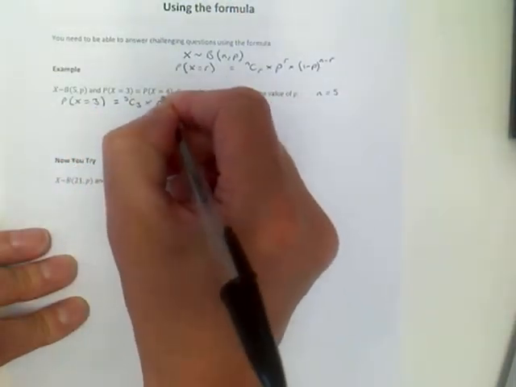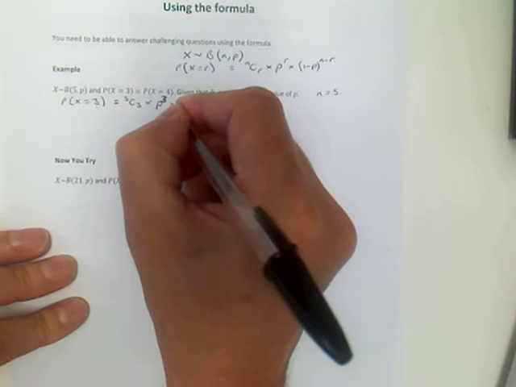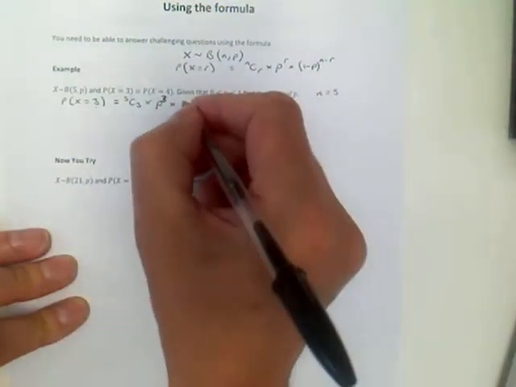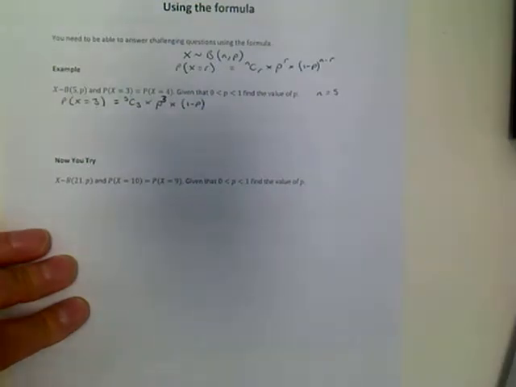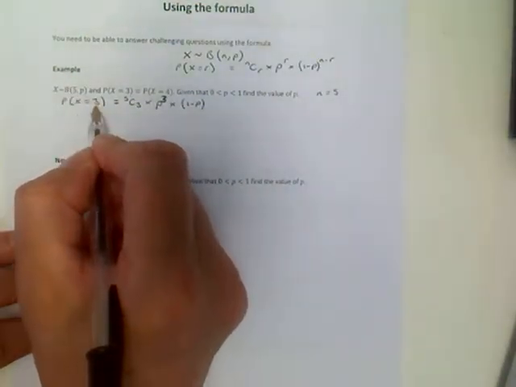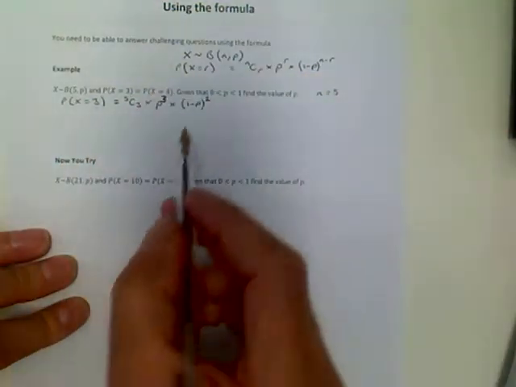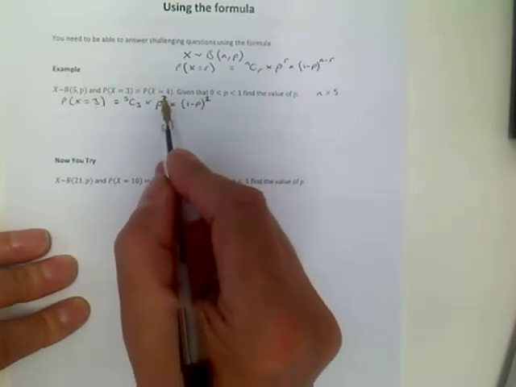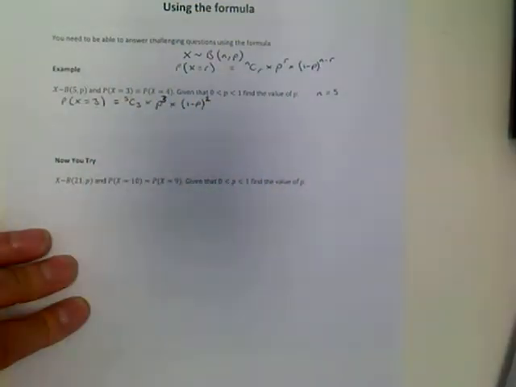So it's p to the power of 3 multiplied by 1 minus the probability, which I don't know, to the power of n minus r, which is 5 minus 3, so that is 2. And if you remember from a previous video, those two will always add up to that.